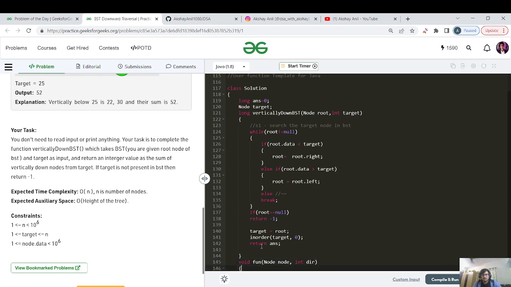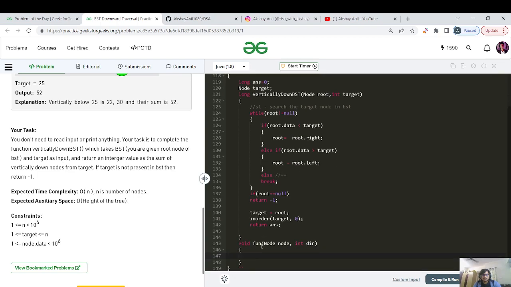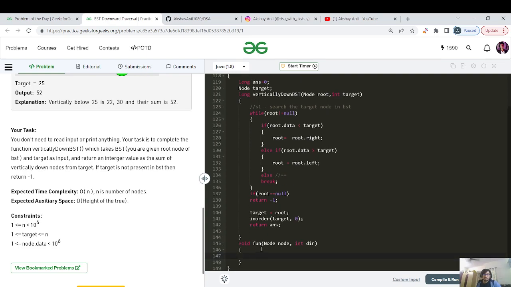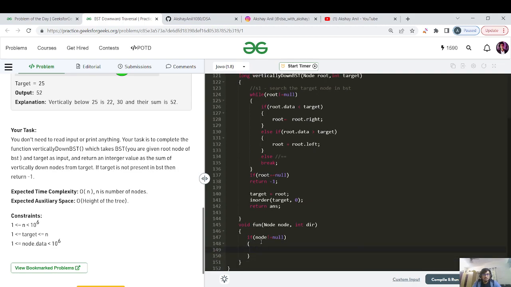The base case is that if node is not equal to null, then only we do the traversal. It is very obvious. Since we are doing in-order traversal, we should name the functions according to the convention you are following in the steps that you are actually doing.